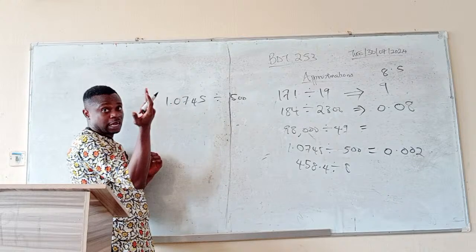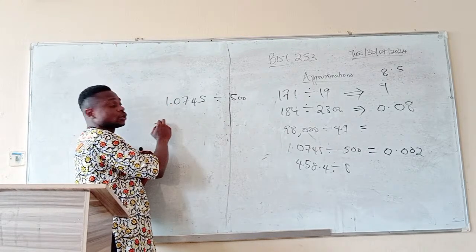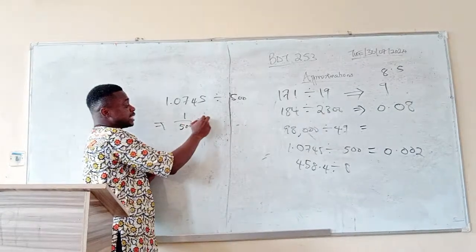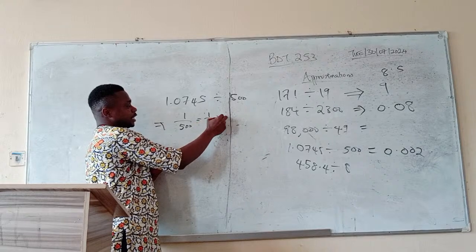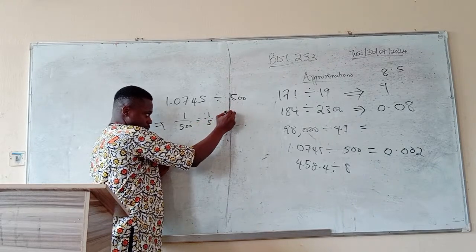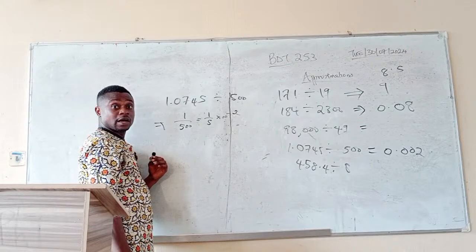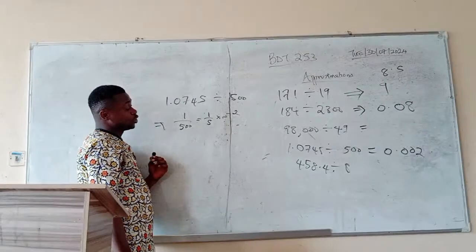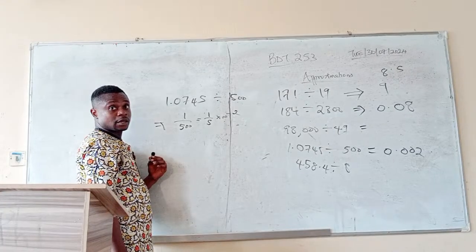This becomes 1 over 500, right? This is the same as 1 over 5 times 3 to the power of what? Minus what? 2. Are you aware? Is it minus 2? Do you agree with me?